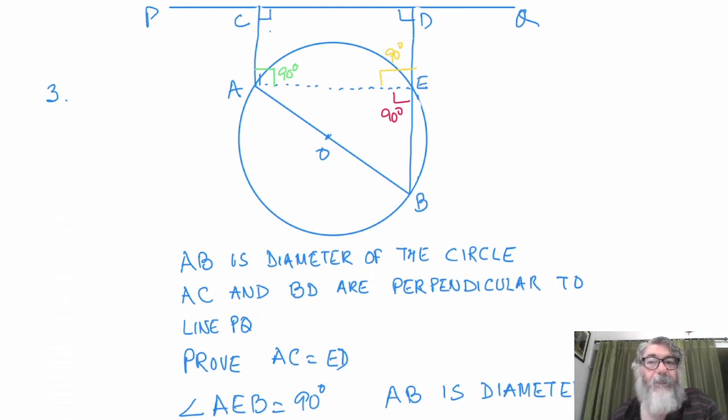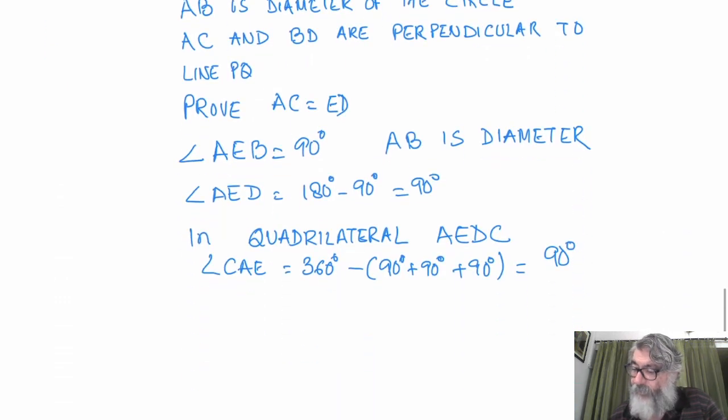That means this is a rectangle. Hence AEDC is a rectangle.